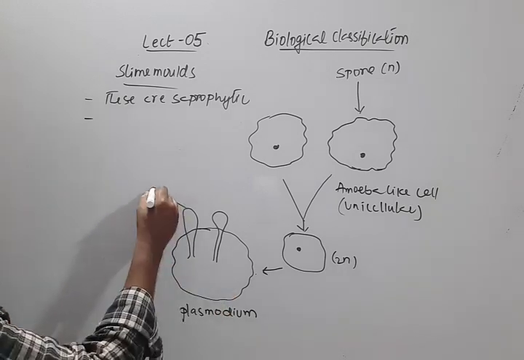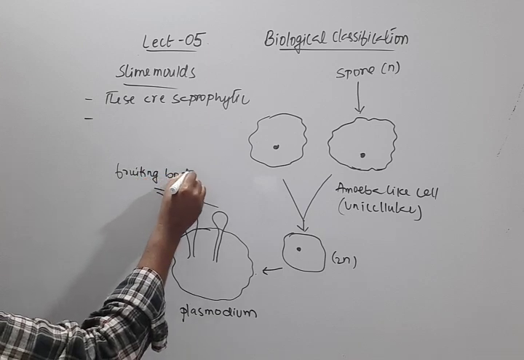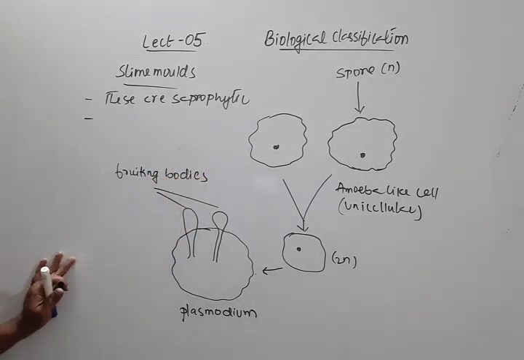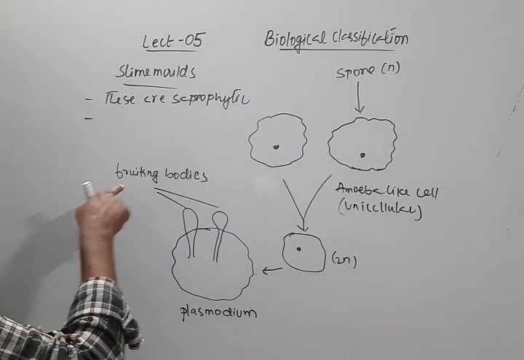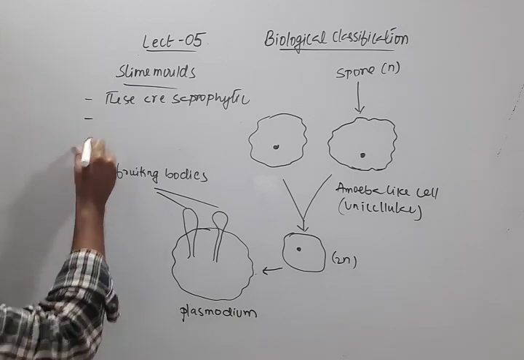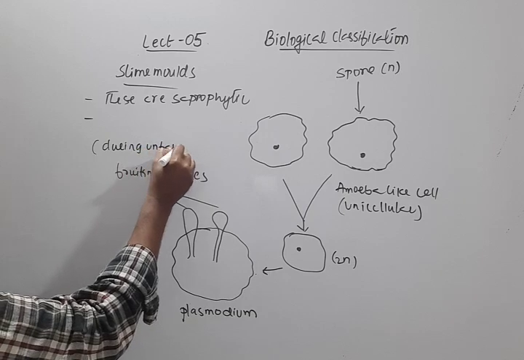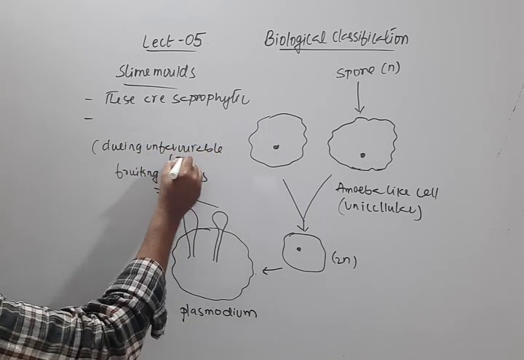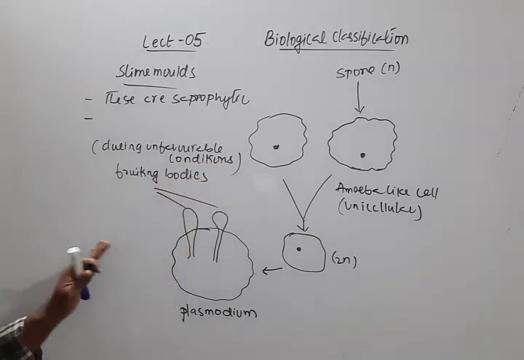This takes place during unfavorable conditions, when the plasmodium differentiates to form these fruiting bodies.